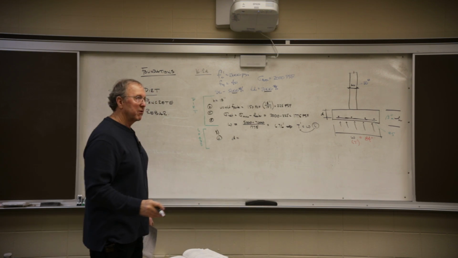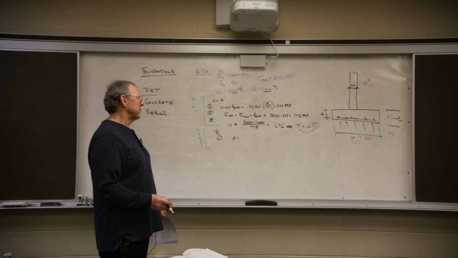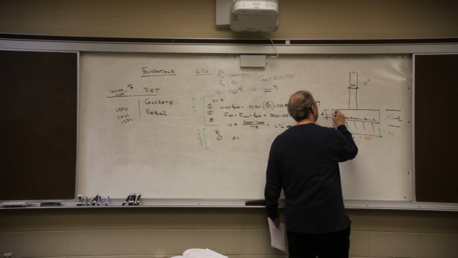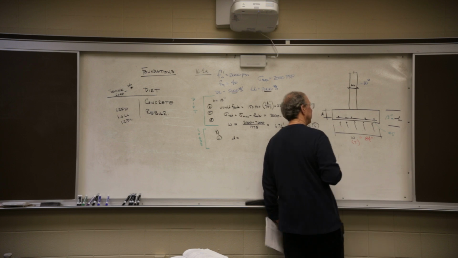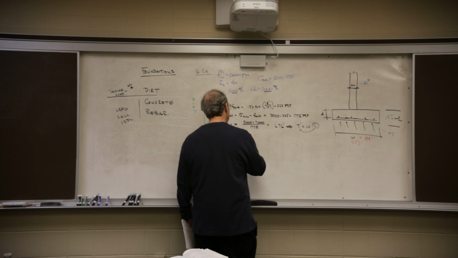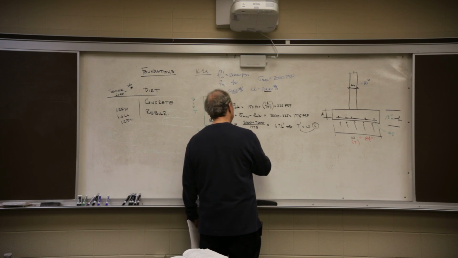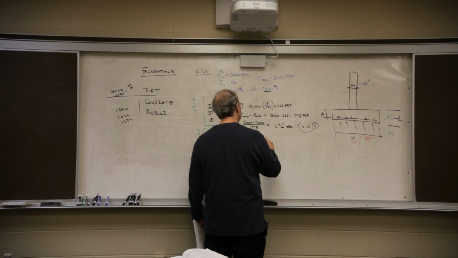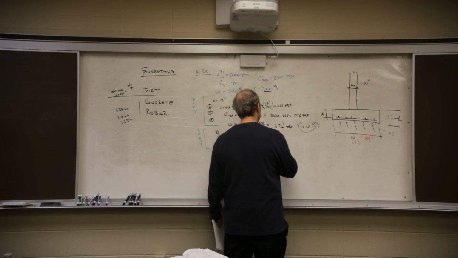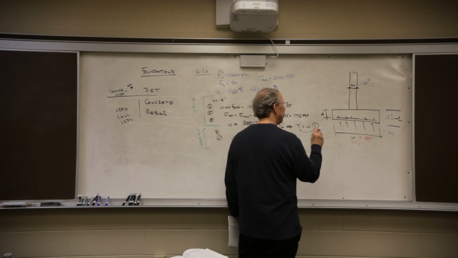Okay, same as before. You've done this several times. D is the distance from the top to the middle of the bar. Okay? That looks like it's H minus half of a bar diameter minus cover. In my case, H is 18 inches. Bar diameters are number 5.